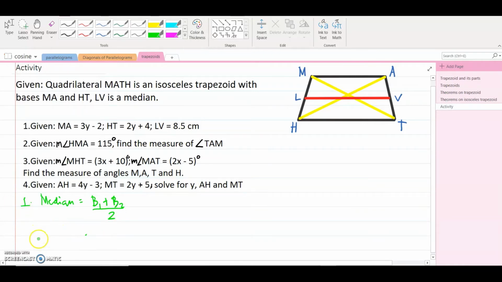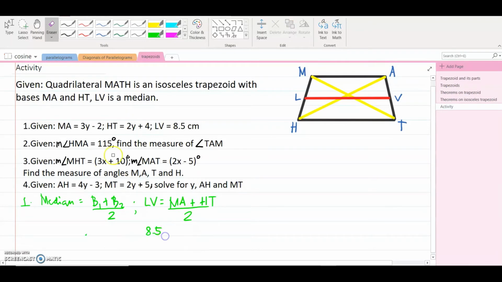So our median, of course, is LV. You have LV equals MA plus HT divided by 2. Then we just substitute all the values. So we have LV, which is 8.5.